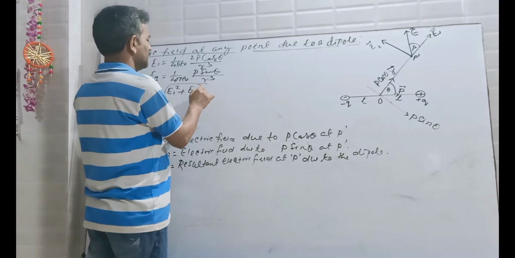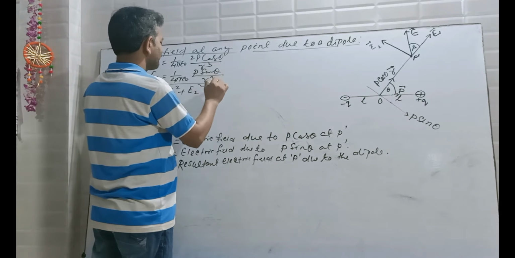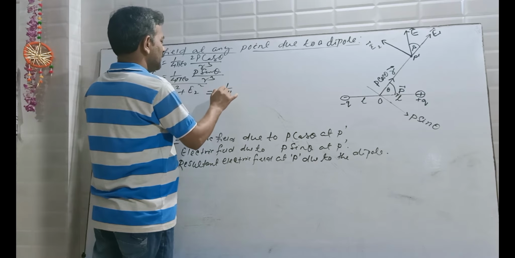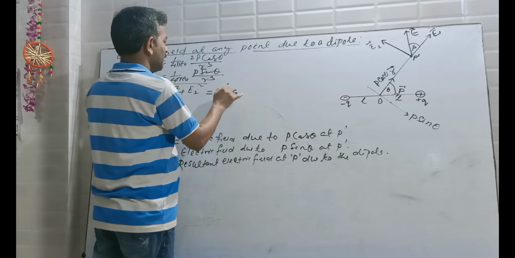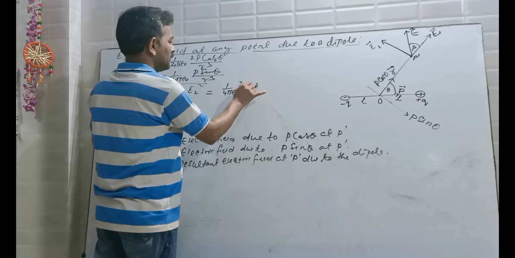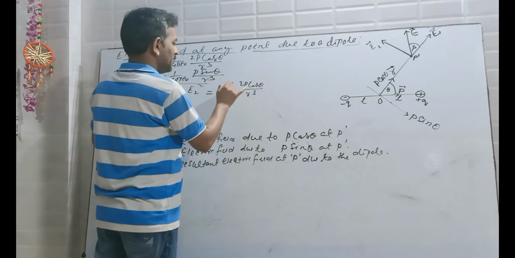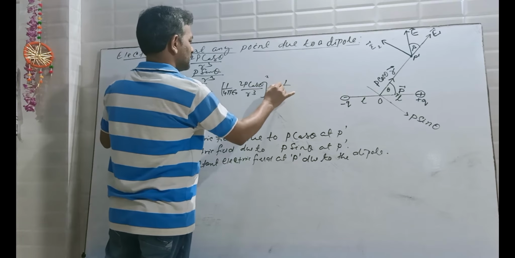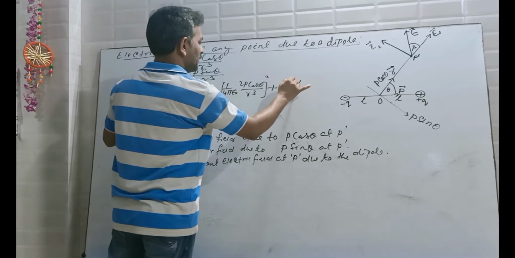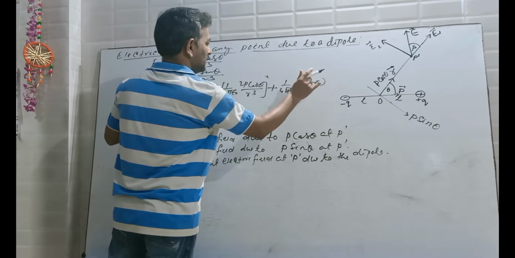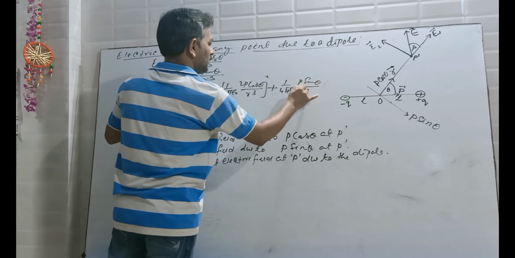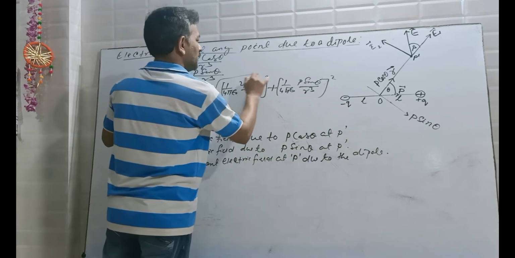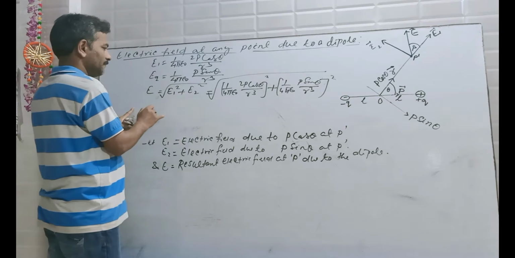So you see, 1 by 4 pi epsilon naught 2P cos theta by R cube, whole square, plus 1 by 4 pi epsilon naught P sin theta by R cube, whole square, whole root of.